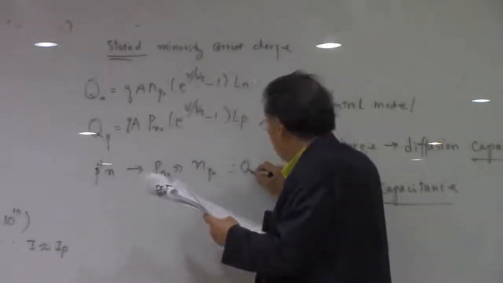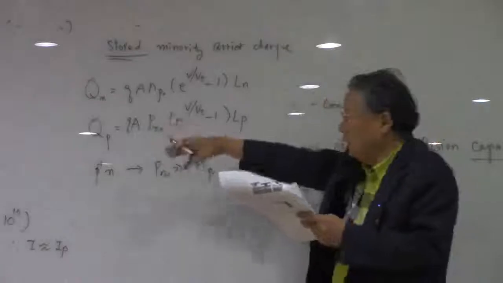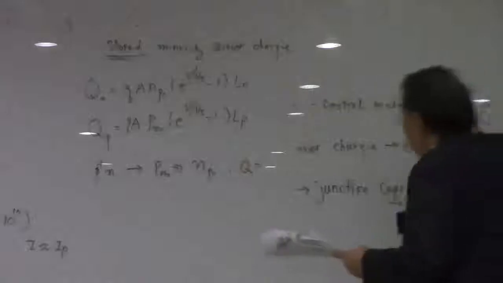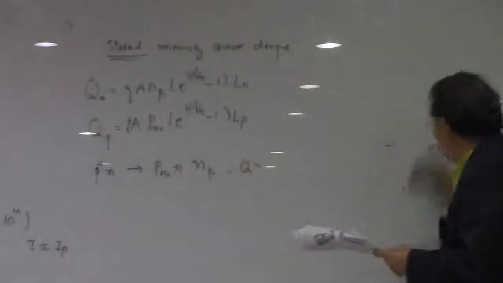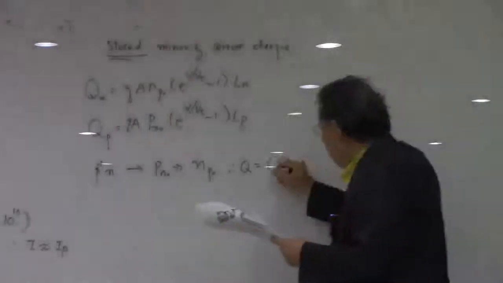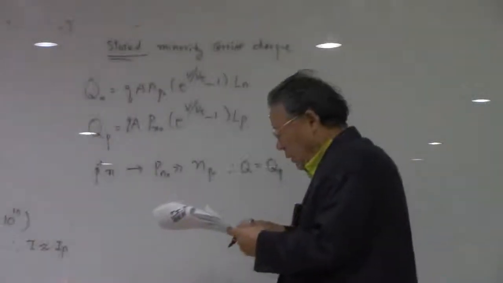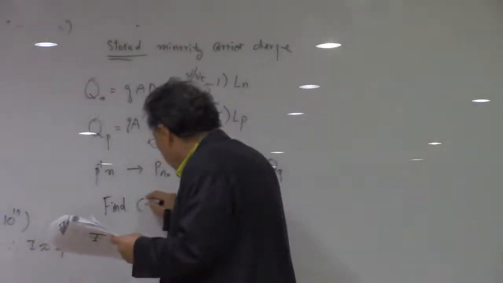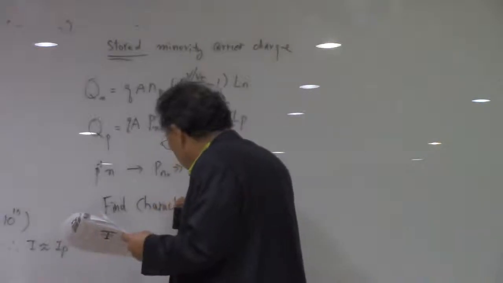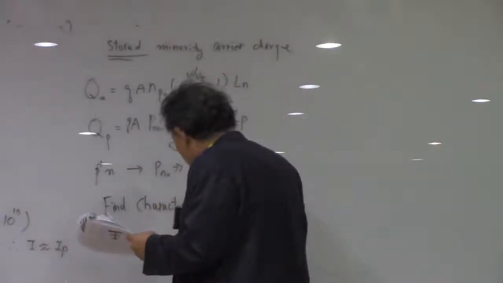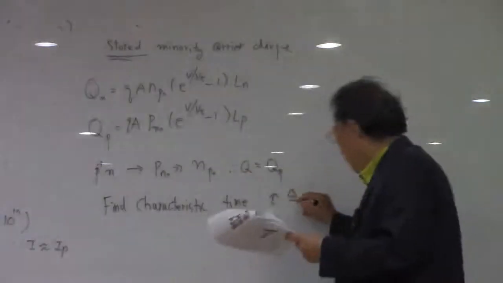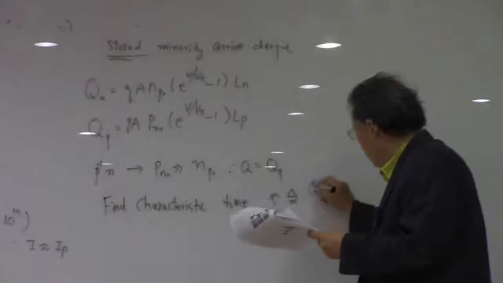So the charge stored in this junction by the injection of the minority carriers is almost the charges in the emitter, and find the characteristic time tau, and by definition, tau is going to be the charge.